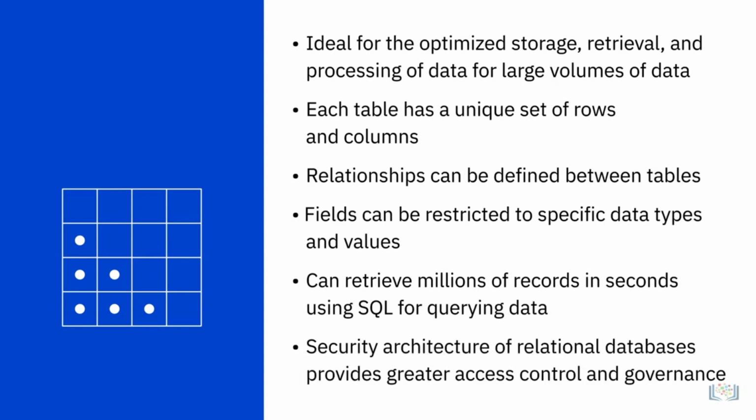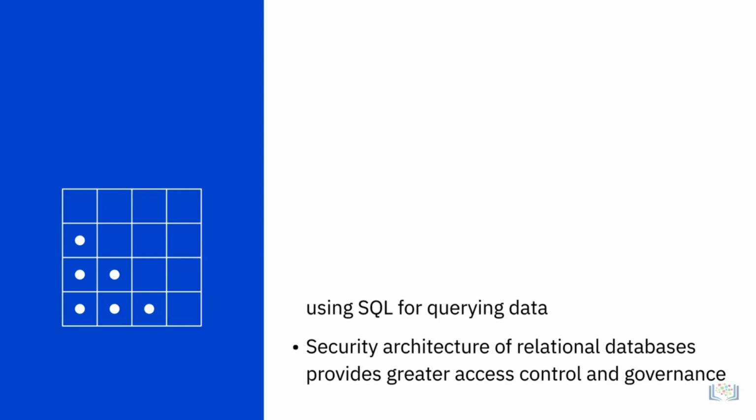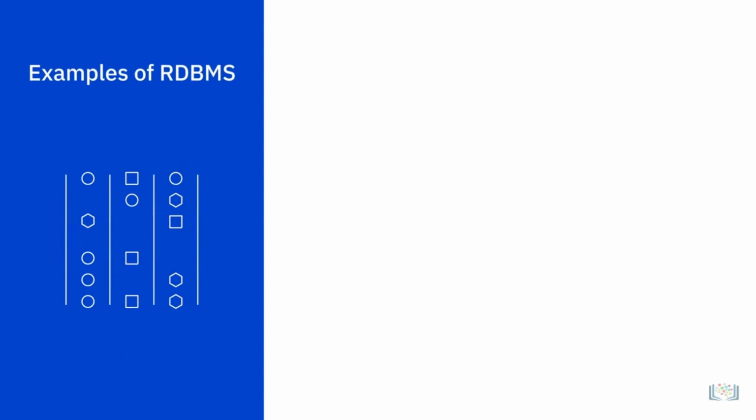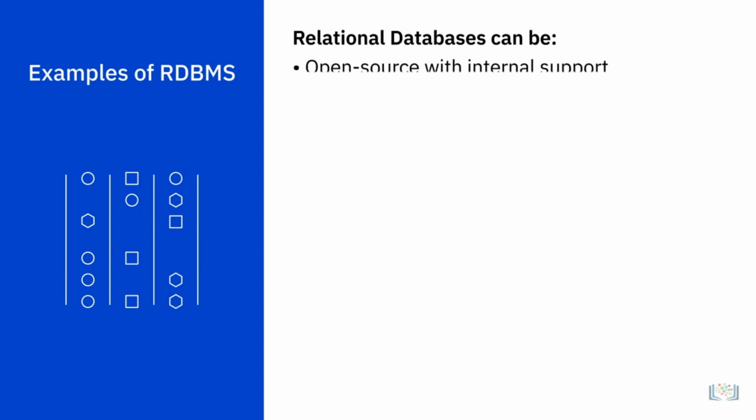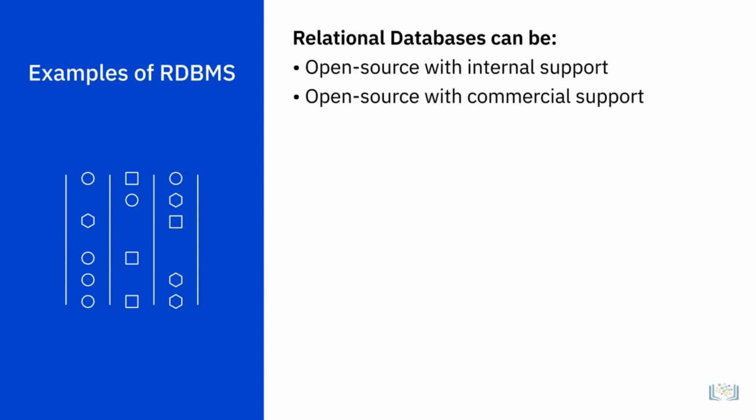Moreover, the security architecture of relational databases provides controlled access to data and also ensures that the standards and policies for governing data can be enforced. Relational databases range from small desktop systems to massive cloud-based systems. They can be either open source and internally supported, open source with commercial support, or commercial closed source systems.